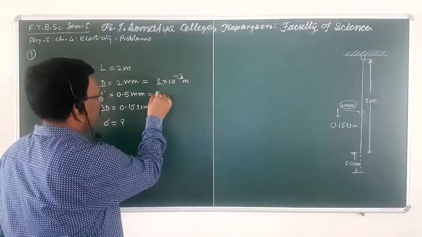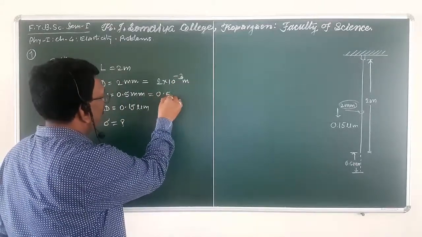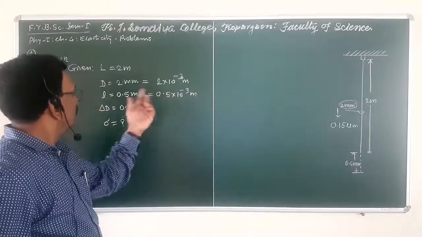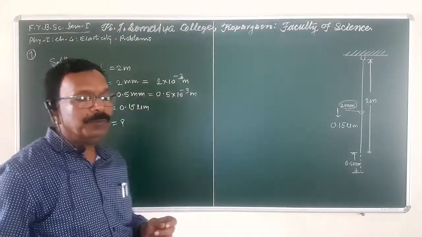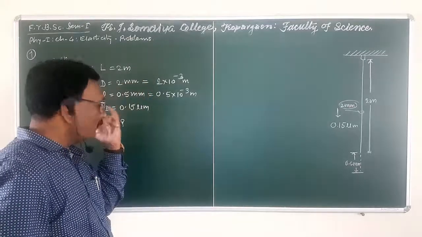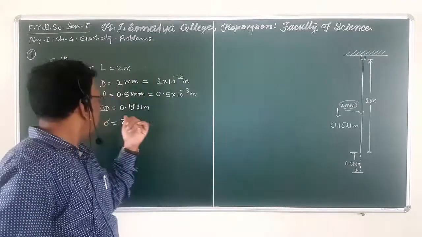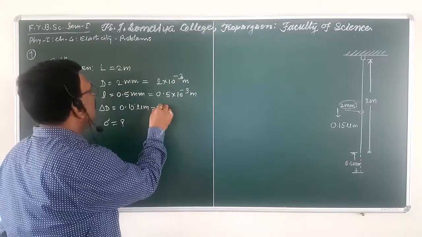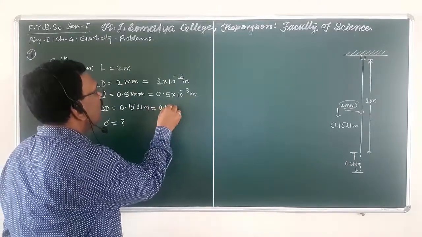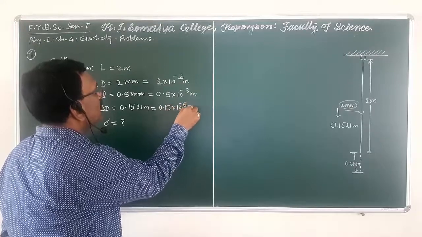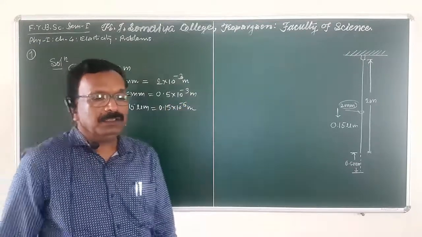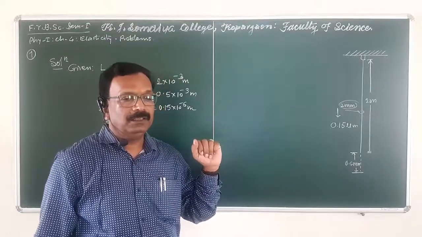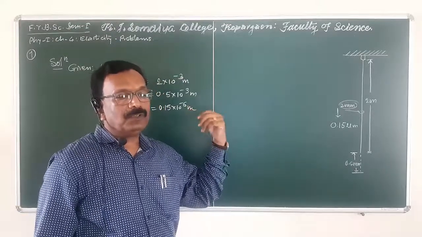Similarly, 0.5 millimeter is 0.5 into 10 raised to minus 3 meter. Then the change in diameter, 0.15 micrometer, is 0.15 into 10 raised to minus 6 meter. When we convert all these quantities as per need, then we are going to solve the problem.